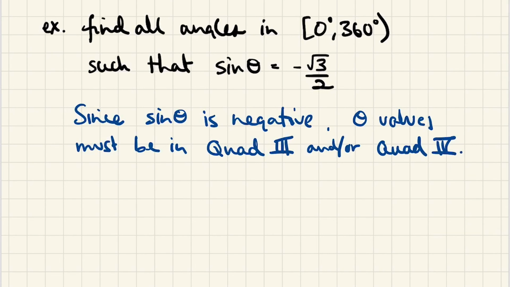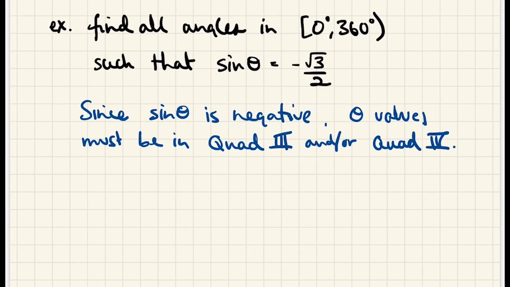Okay, so as it turns out in this type of situation, each quadrant that's eligible, like quadrant 3 or quadrant 4, will produce a single angle value that works. And we are looking for an angle whose reference angle has a sine value of rad 3 over 2. So let's take a look at that rad 3 over 2 and ask ourselves which of the two triangles we know and love involve those particular numbers, like rad 3 and 2.